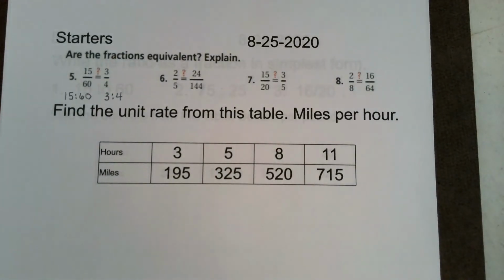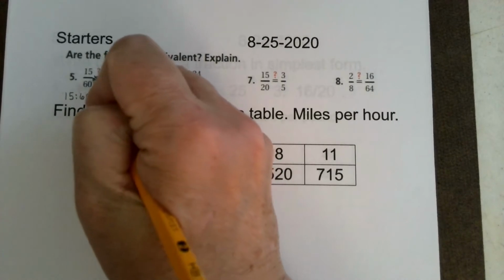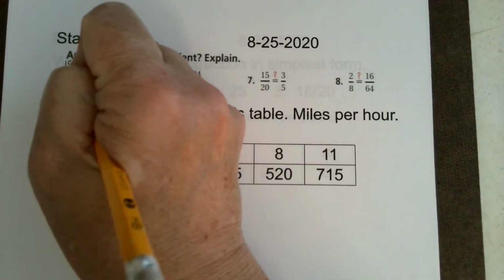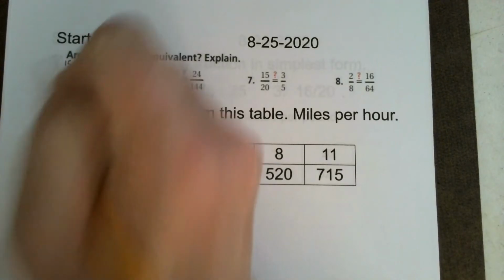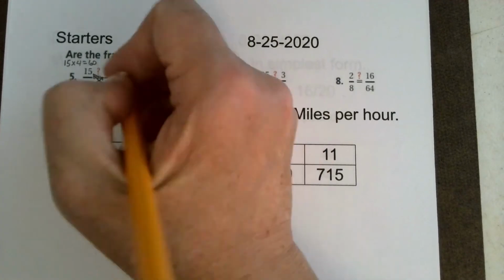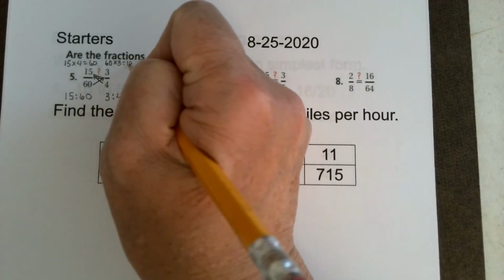And if you'll remember, on Monday starters we had this problem and we worked it out a couple different ways. I'm going to work it out just really easy. We're doing 15 times 4 equals 60, and then 60 times 3 equals 180.